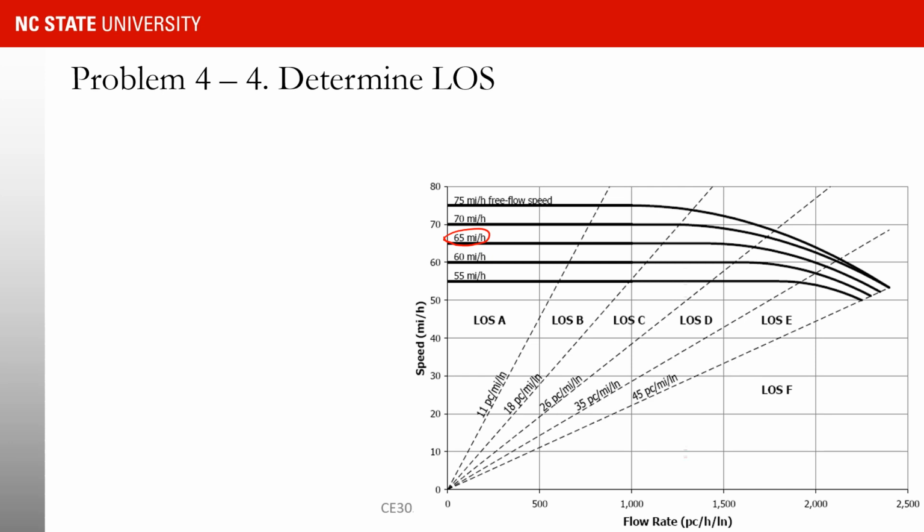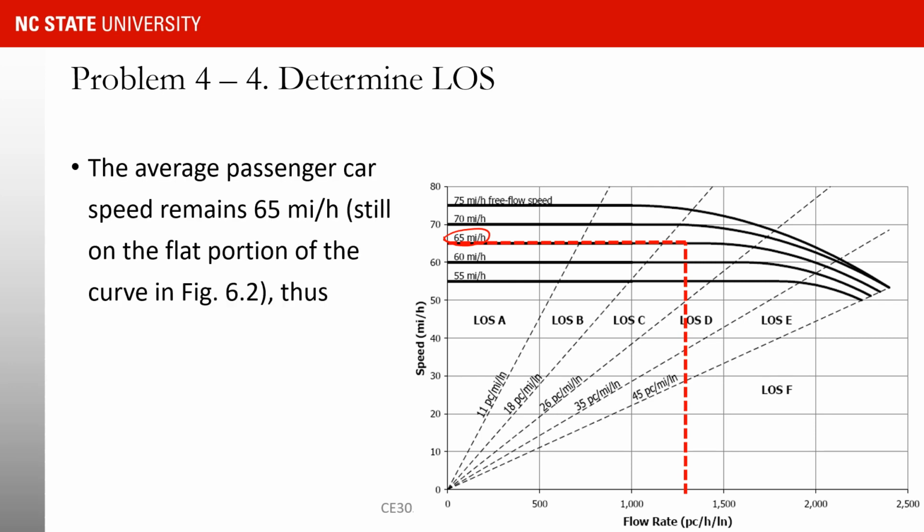So let's do that. So this is 1285. I'm going to go up. You're going to see that when I intersect the speed-flow curve, it has not bent yet. As a result, our speed happens to be equal to the free flow speed, which is 65 miles per hour.